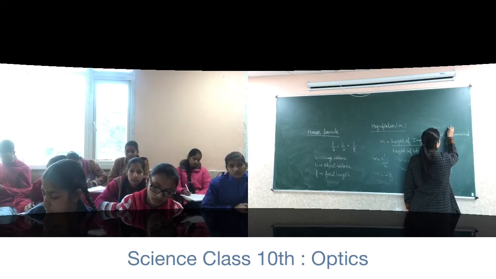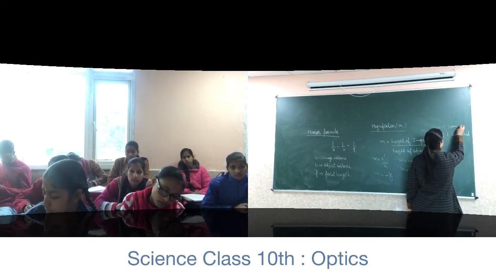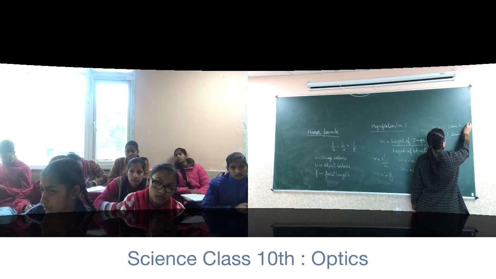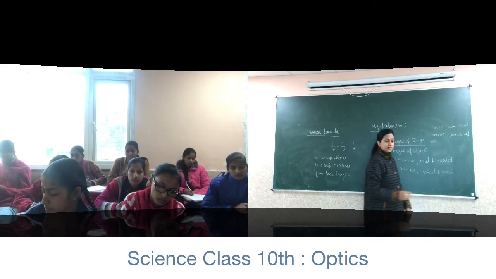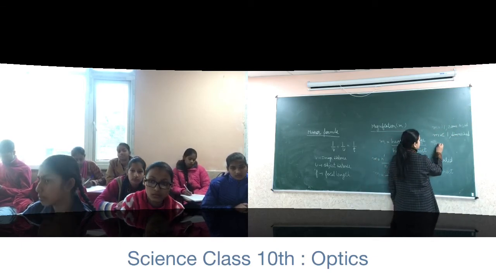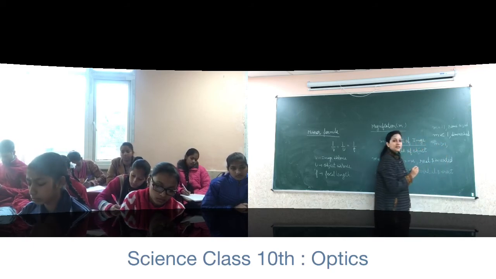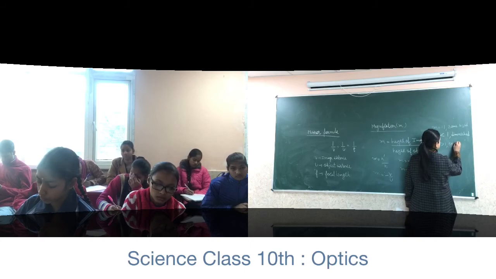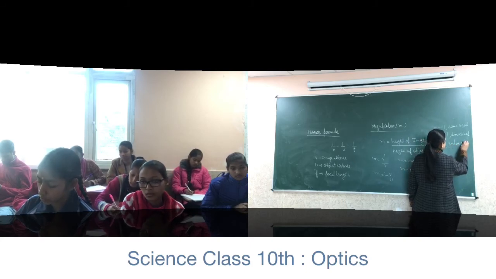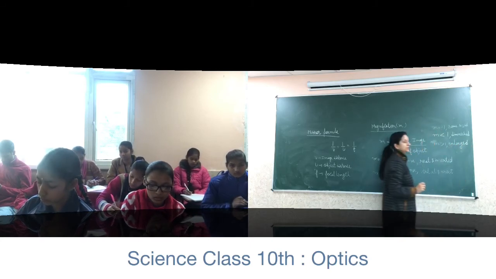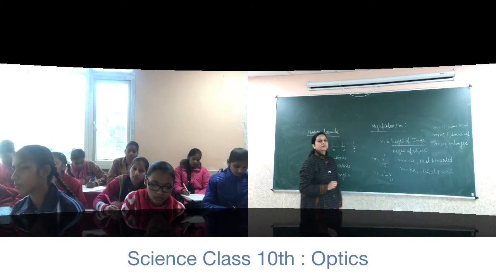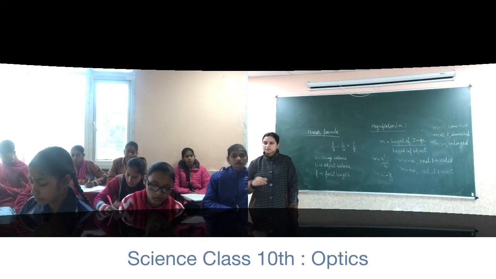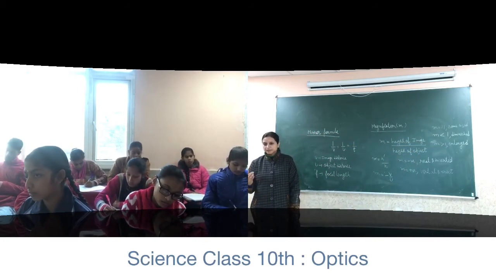When magnification is 1, then it is same sized. If magnification is less than 1, it is diminished. And if magnification is greater than 1, then in that case we get an enlarged image. Right? So this is how we interpret the answer with the help of the magnification.